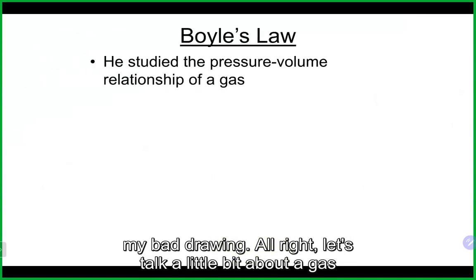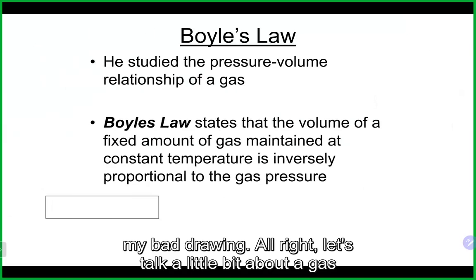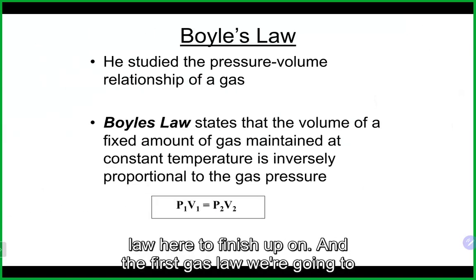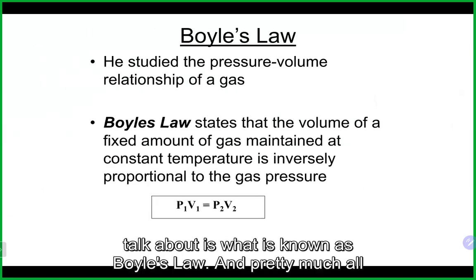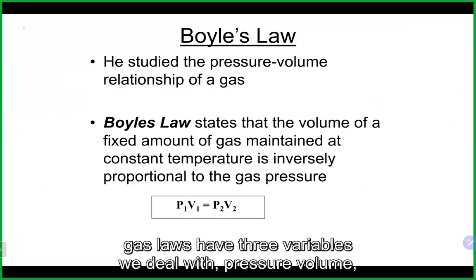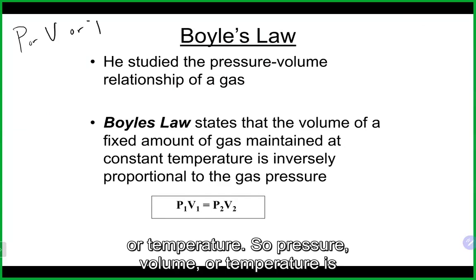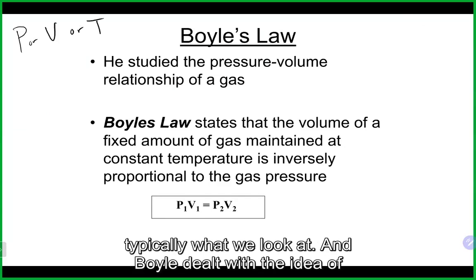All right, let's talk a little bit about a gas law here to finish up on. The first gas law we're going to talk about is what is known as Boyle's Law. Pretty much all gas laws have three variables we deal with: pressure, volume, and temperature.